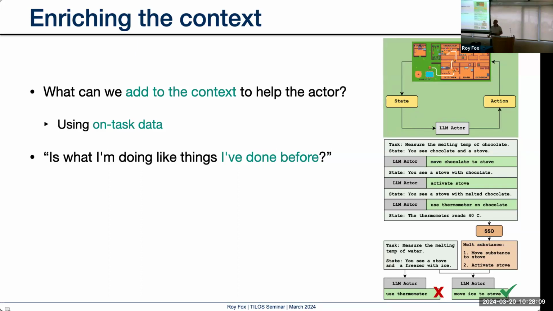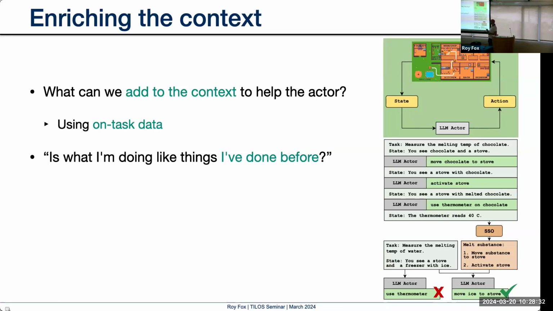There's a principle here that we can discover. If we have that principle in our context, together with the task and the state, now it's a lot easier for the actor to say, okay, I know, move the ice to the stove. I see the template, I can instantiate it for the water, for the ice in here. So it's a lot easier.